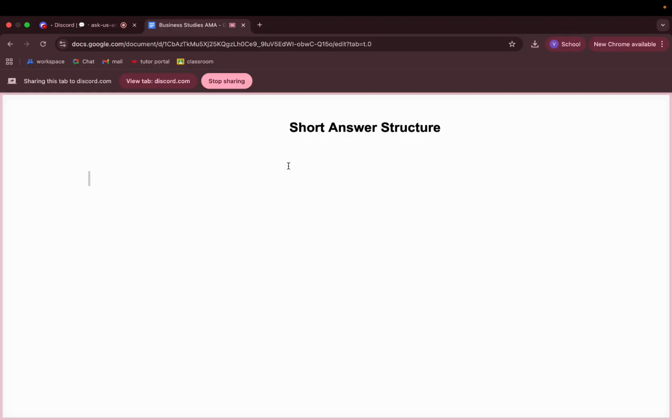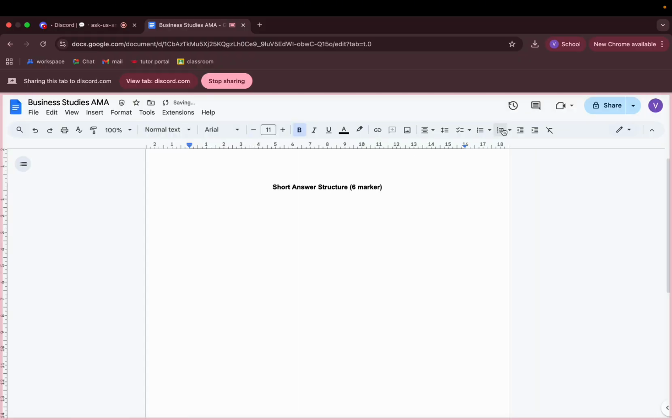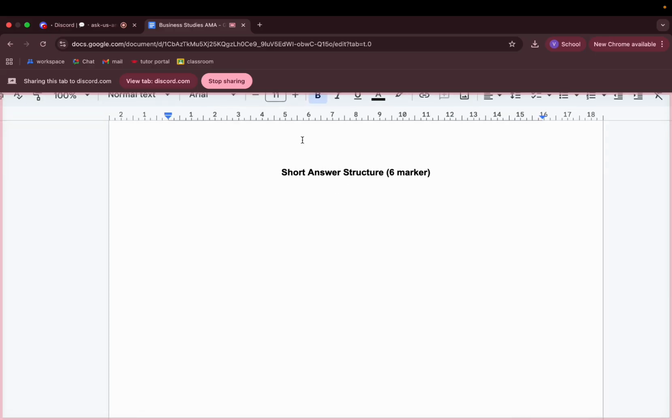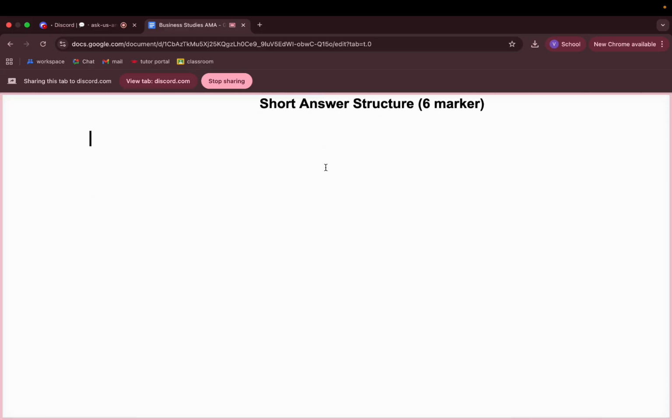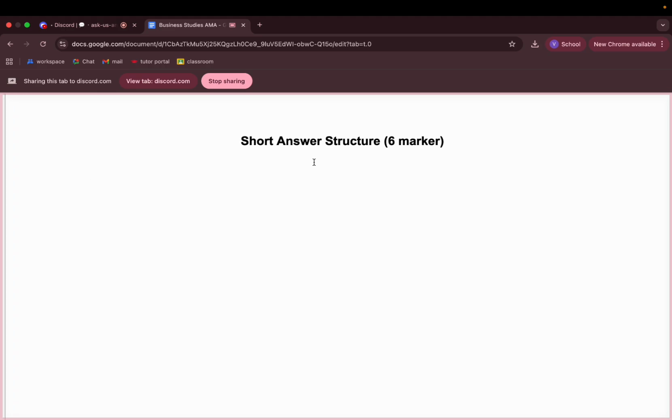Okay, sweet. So with a short answer structure, more specifically for a 6-marker, because that's the one most people struggle with because it's longer, it's pretty similar between all the directive verbs, but the main ones are explain, analyze, assess, and evaluate. Those are going to be your main four, and the structure is pretty stock standard between all of them.